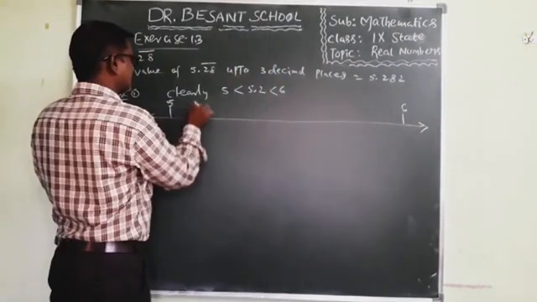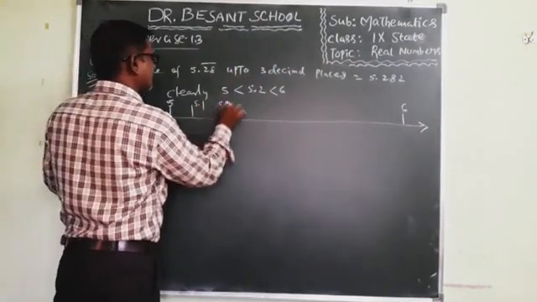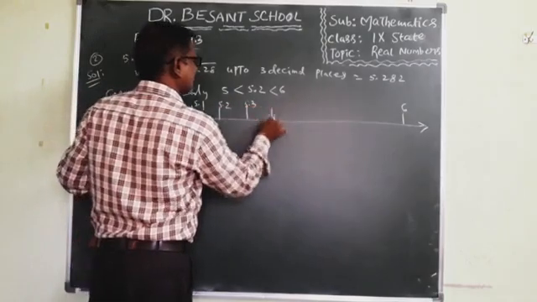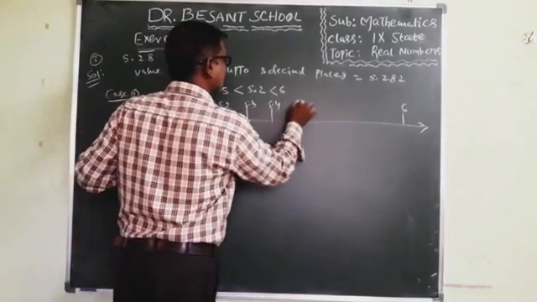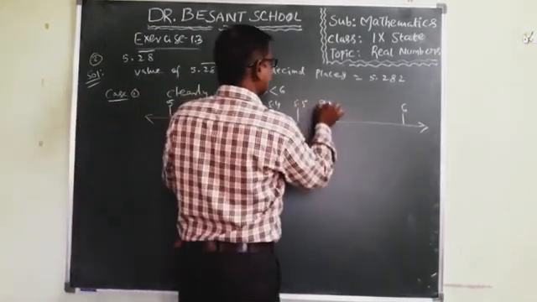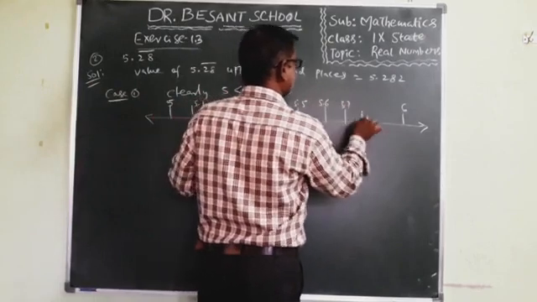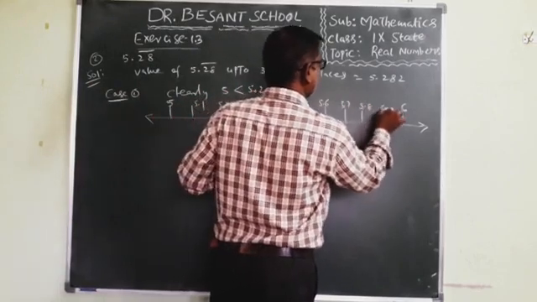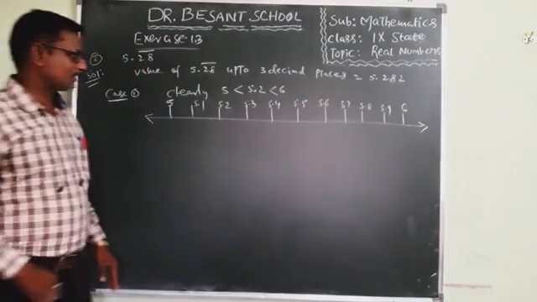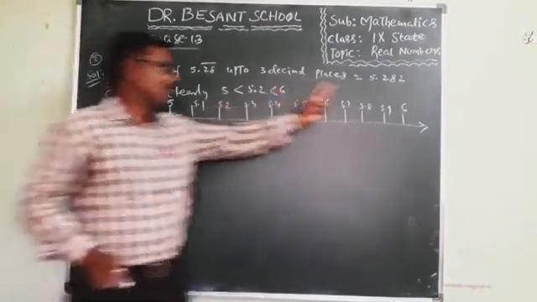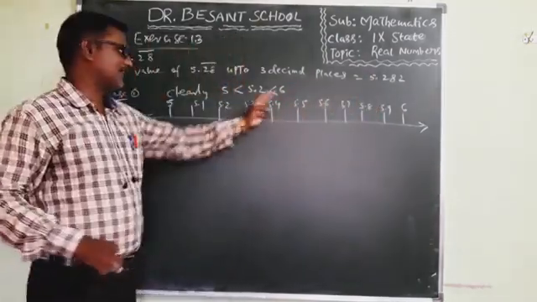So after 5 comes 5.1, 5.2, 5.3, 5.4, 5.5, 5.6, 5.7, 5.8, 5.9. First step, 5.2 lies between 5 and 6.